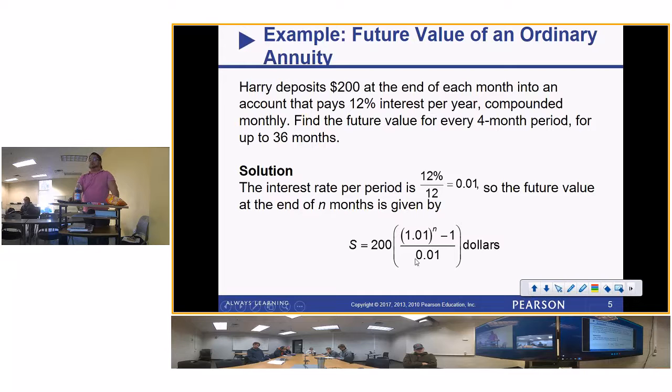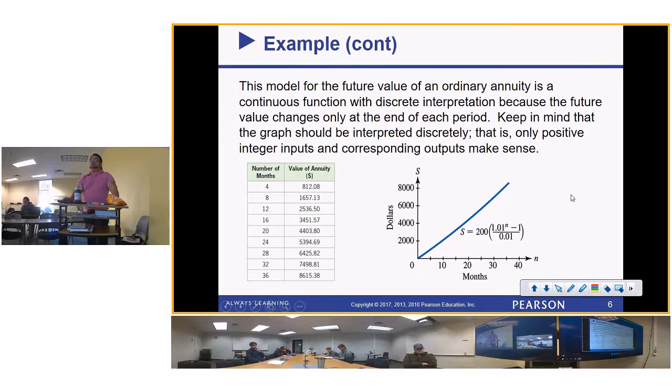So you're going to have to simplify this, I guess. Let me see what they're doing next. Oh, they want you to graph it. I'm not going to ask you to graph it, but graph it. So that would be 200 times (1.01^n minus 1) over 0.01, and make sure you put that in parentheses. You're going to have to use 2 sets of parentheses.